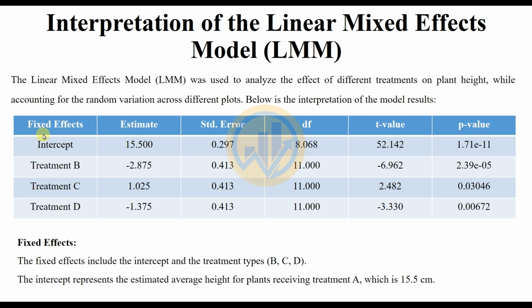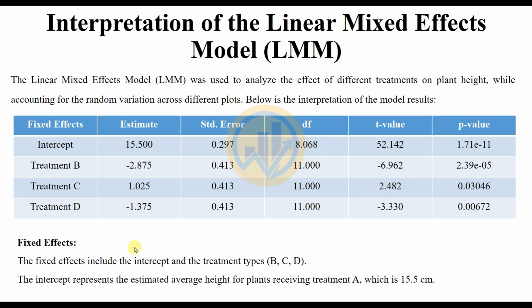So this is the fixed effect table in the LMM. For the fixed effects, treatments B, C, D, A and the intercept, we have the estimate value, standard error, degrees of freedom, t value and p value.